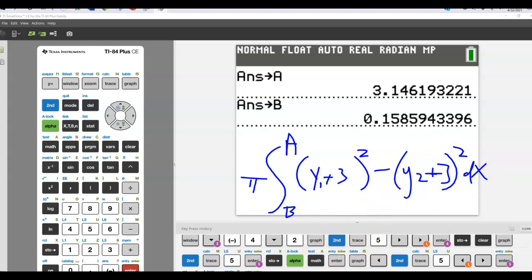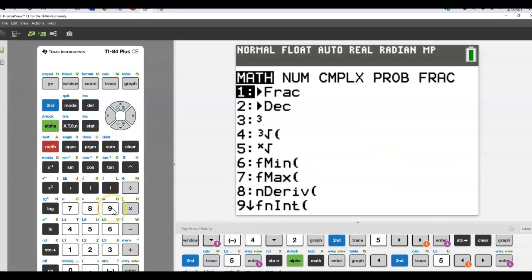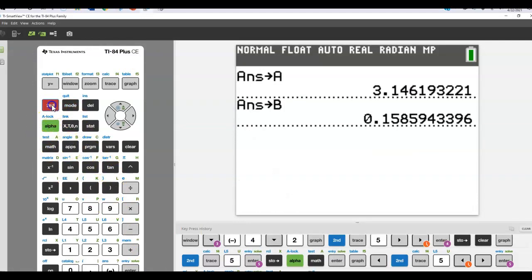All right, so we're going to go ahead and type that into our calculator now. So without any further ado, here we go, math. Actually, you know what? Let me go back. Before I do math this time, I'm not going to forget my pi this time. I'm going to put pi first, and then I'm going to do math 9. I'm going to put my alpha b on the bottom. I'm going to put my alpha a on the top.